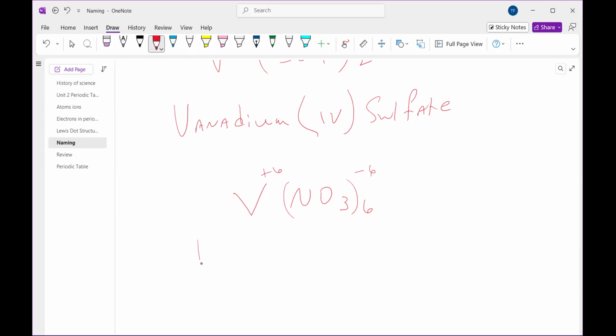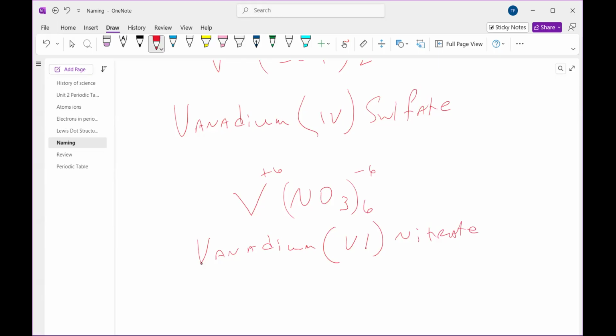So we write this as vanadium 6 nitrate. The 6 means it's a +6 vanadium. So how is NO3 negative again?